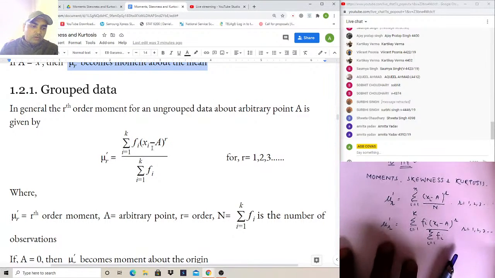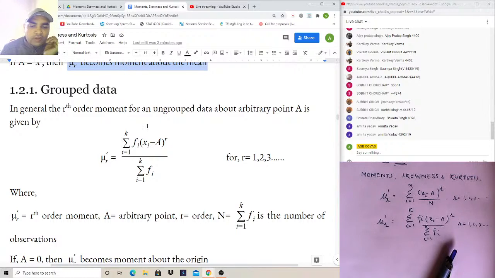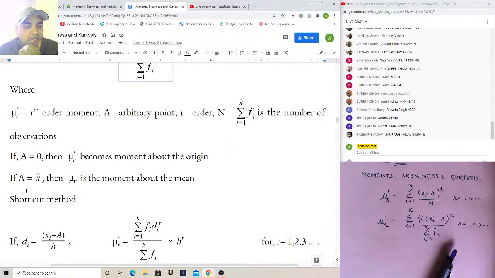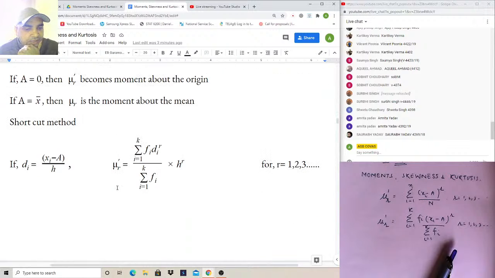Here the only difference is that n is equal to sigma fi, and we have to multiply the frequency into this. Same as given above, if a is equal to 0, then mu r becomes the moment about the origin, and if it is equal to the mean, then mu r becomes the moment about the mean.